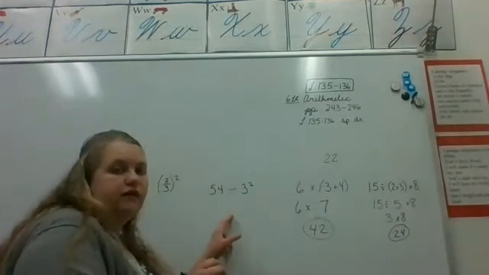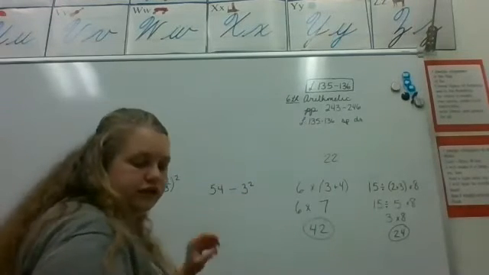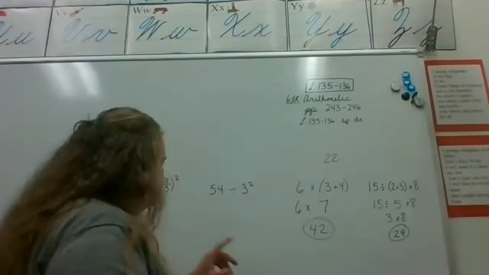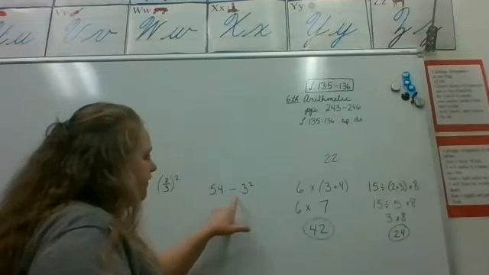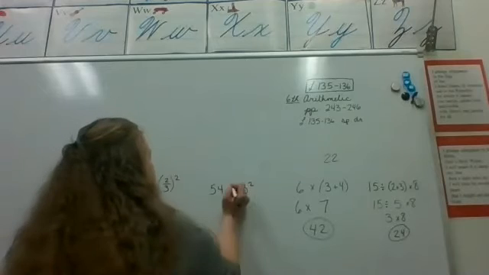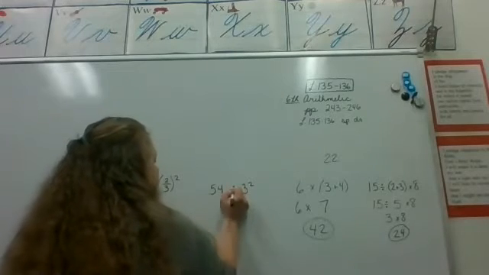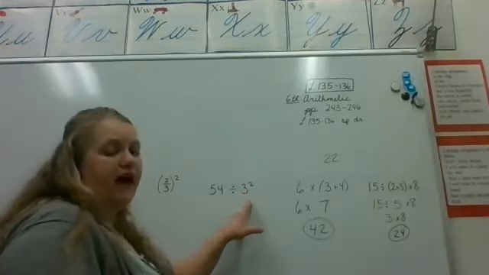All right, this is the last of these, and then we're going to do what is in the second section, which is squaring fractions. But this one, we have 54 divided by 3 squared, okay? We're going to have to do our power first, right?